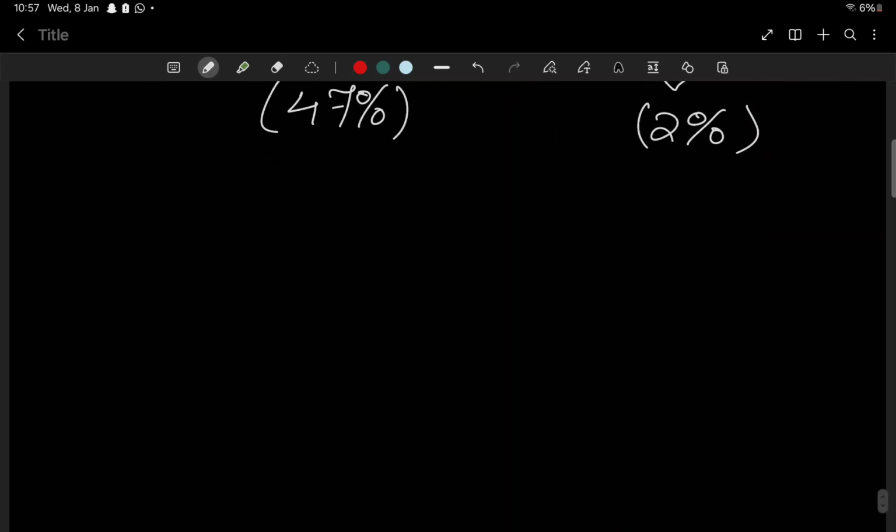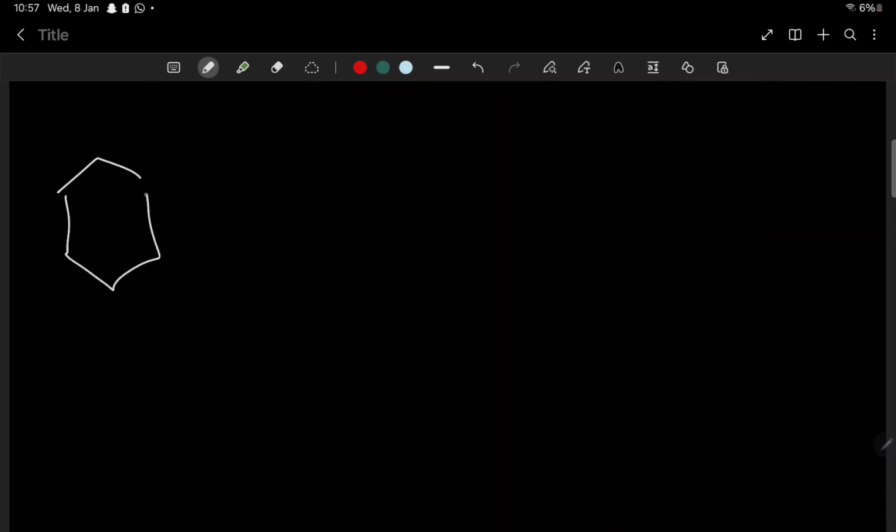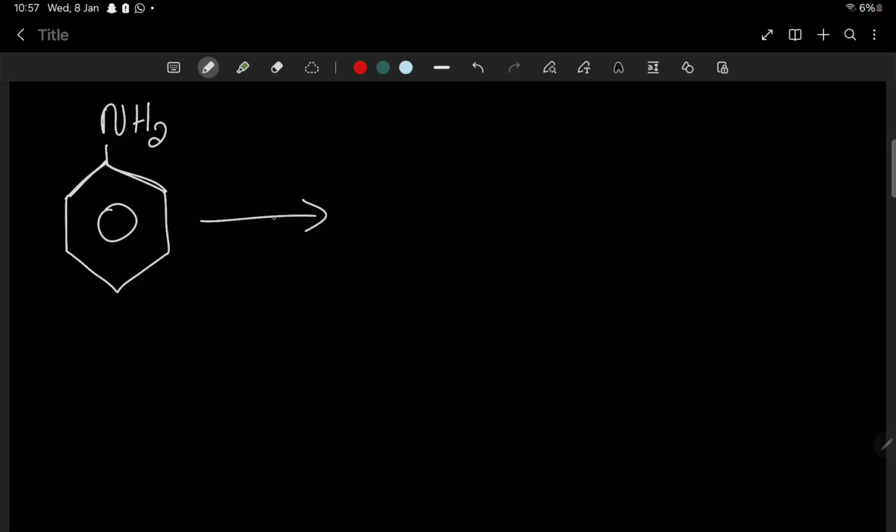Now if we wanted to create only the para product, if you want to add NO2 only in the para position, as we did in bromination, we wanted only 4-bromoaniline. Likewise, we want 4-nitroaniline.